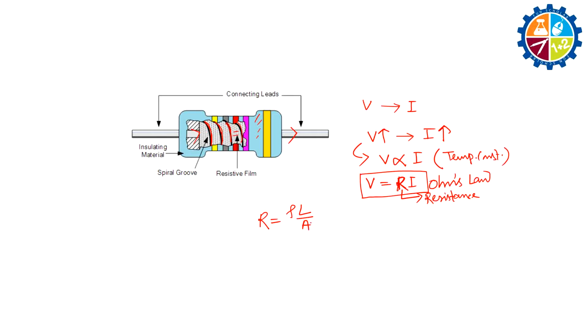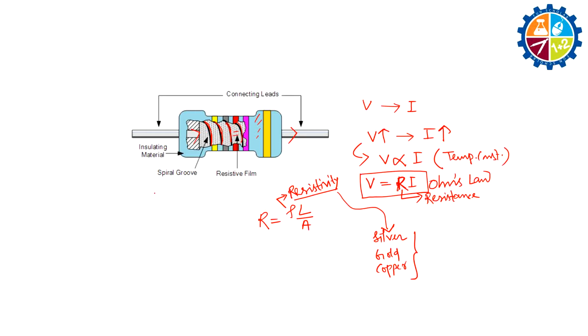So what is rho, what is L, and what is A? Rho is resistivity. What is resistivity? Resistivity is the property of a material. For silver or gold or copper, for each material there is a specific value of resistivity and that is constant. And what about L and A?